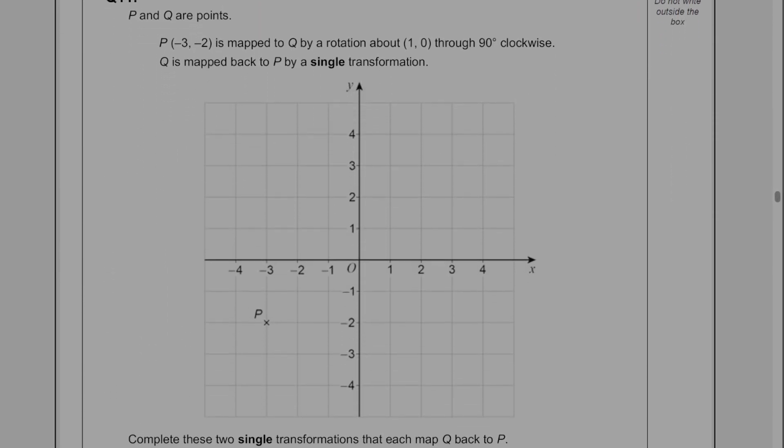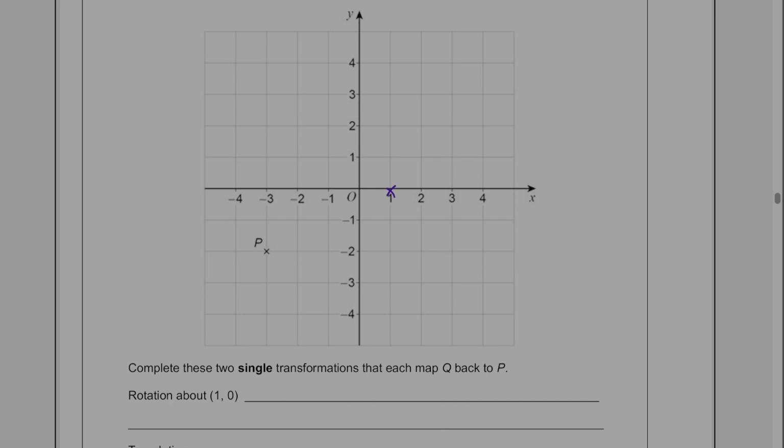Okay, question 11. P and Q are points. P at (-3, -2) is mapped to Q by a rotation about the point (1, 0) through 90 degrees clockwise. Q is then mapped back to P by a single transformation.